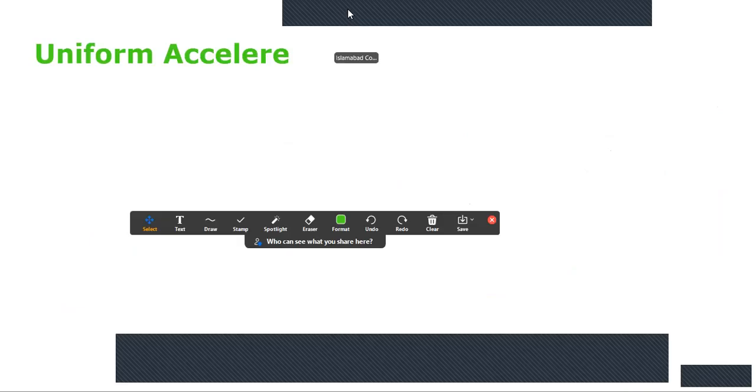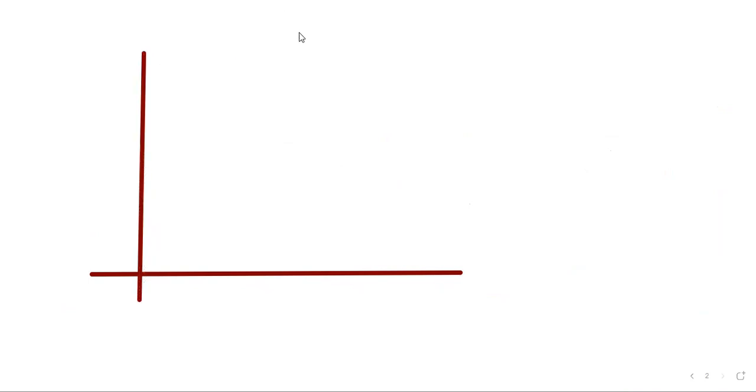Whenever we plot this activity on a graph, the graph will have a shape like this. It would be a straight line.